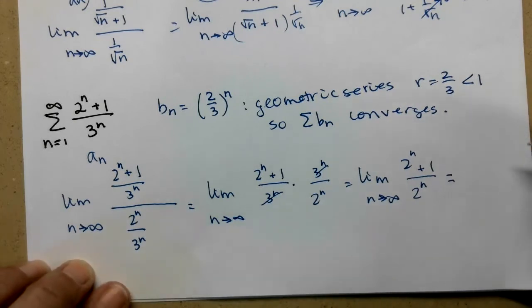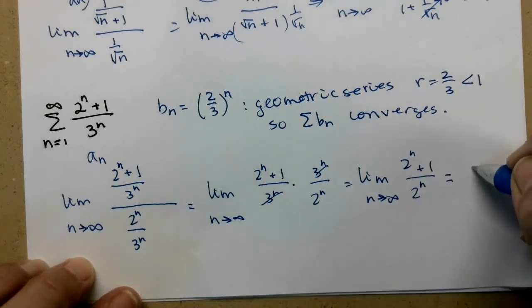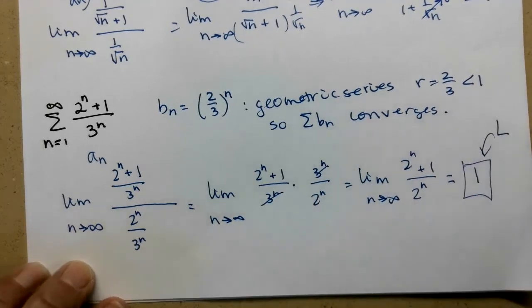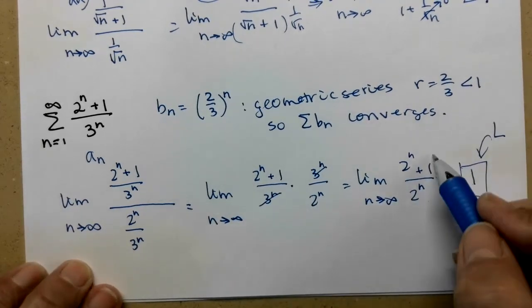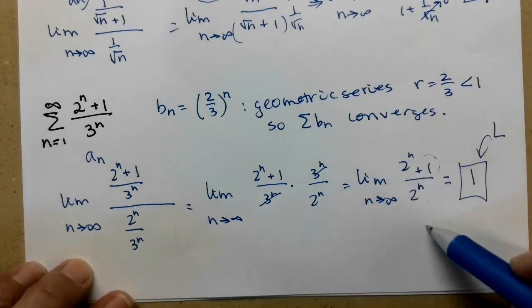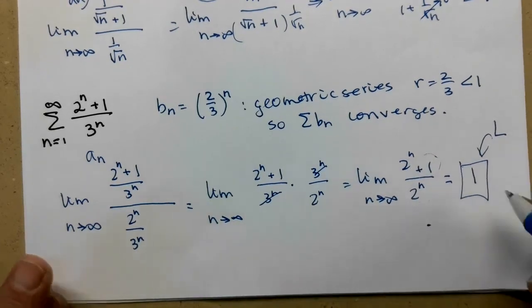So this is going to be 1 again. Here's your L. In 2 to the n plus 1 over 2 to the n, the plus 1 isn't contributing anything at all. So it's really just 2 to the n over 2 to the n, which is 1.